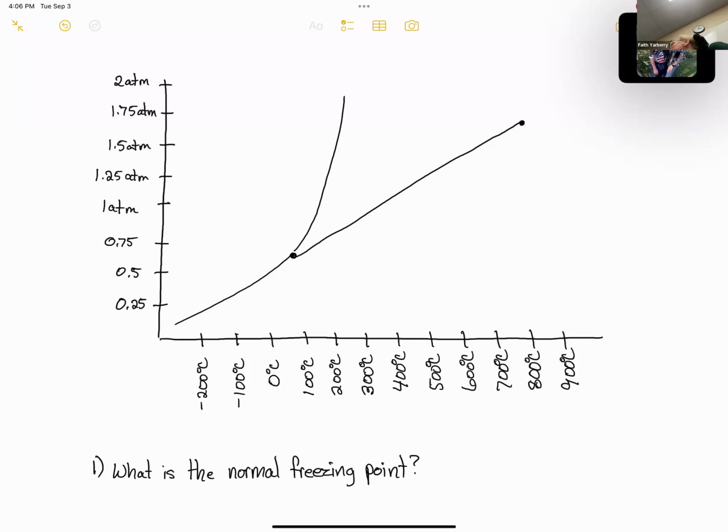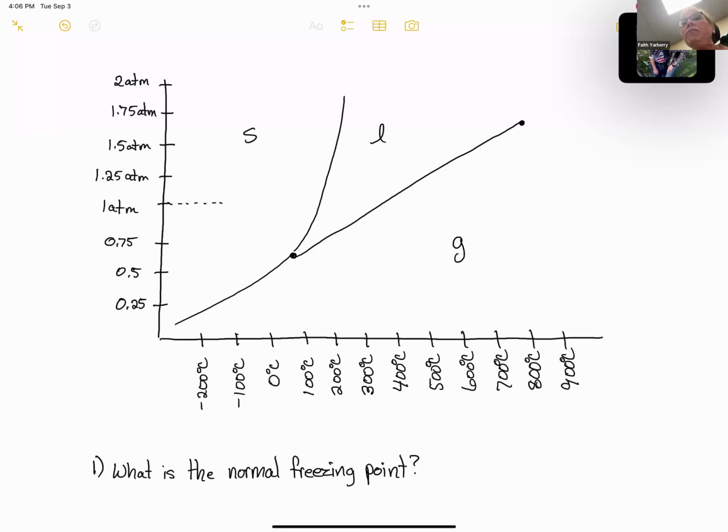One possible question would be, what is the normal freezing point? What does normal mean? 1 atm. First thing I do is make note: this is the solid, this is the liquid, this is the gas. If I'm talking about the freezing point, I'm talking about the point where liquid becomes a solid.